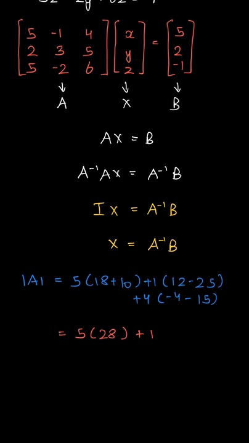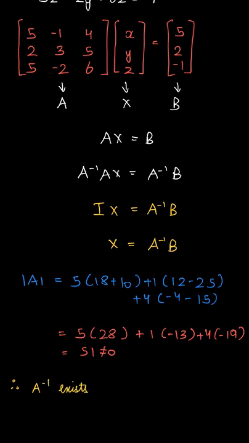Then here we have plus of 1 multiplied by 12 minus 25, so that is equal to minus 13, and then we have plus of 4 multiplied by minus 19. On solving it, that becomes equal to 51, which is not equal to 0. So as determinant of A is not equal to 0, we can say that A inverse exists.